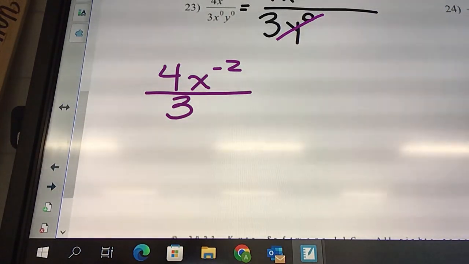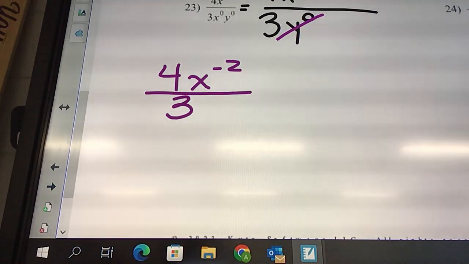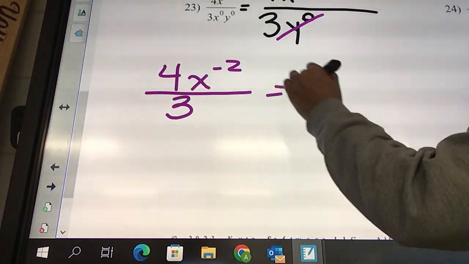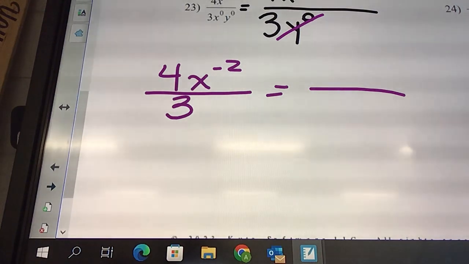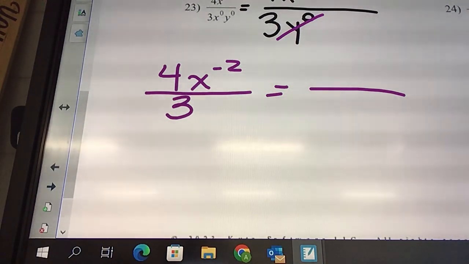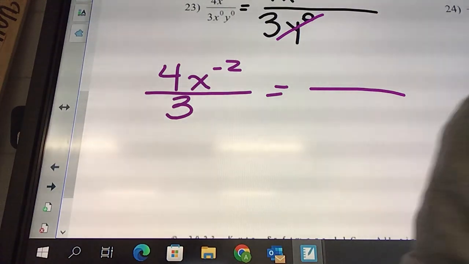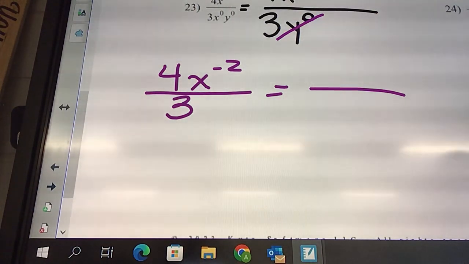Okay, do we have any negatives? Yes. Okay, where's the 4 going to go? The 4 is going to stay on the top. What does the 4 have a power of? Of 1. Okay, if there's no number there, it's got a power of 1.